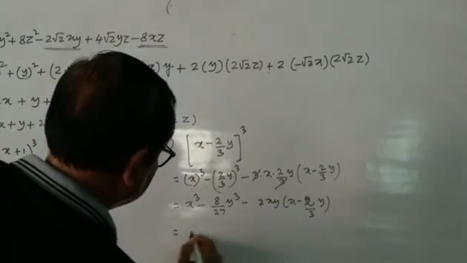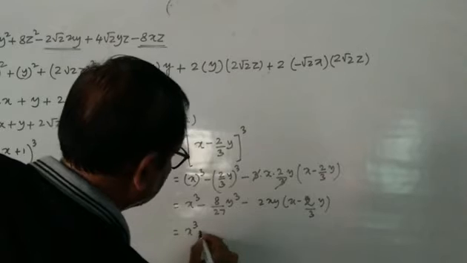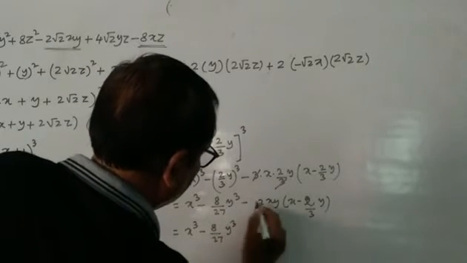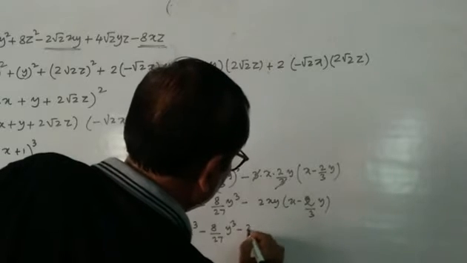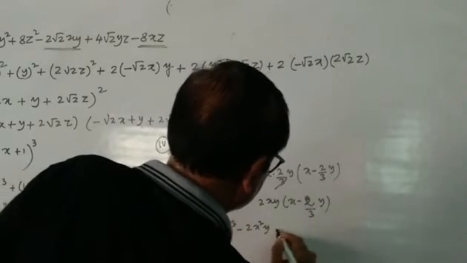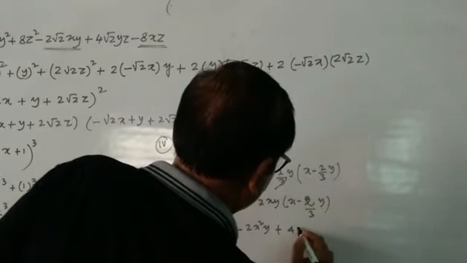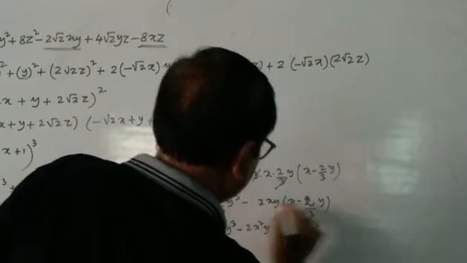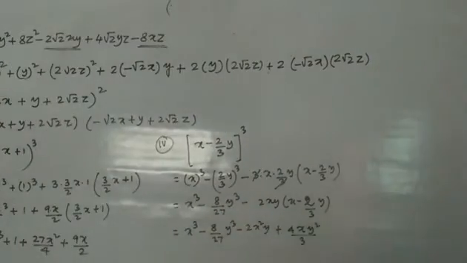Now you can open this, and the final answer is x cube minus 8 by 27 y cube minus 2x square y plus 4xy squared by 3. And this is the answer of question number 4.